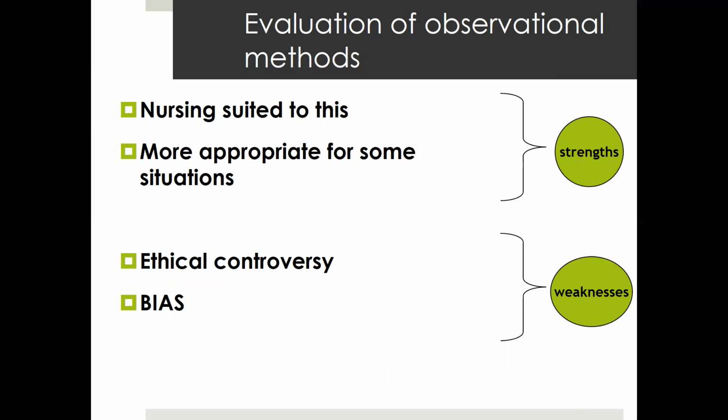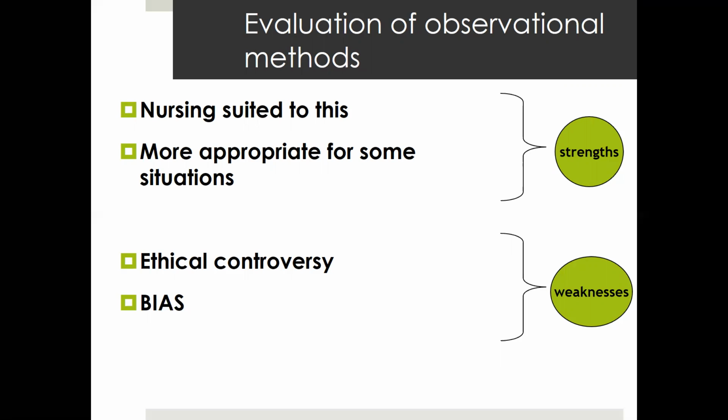Some of the strengths: in nursing, we are observers. That's what we do. We assess situations, we observe, and that is a strength of this method. In many situations, this is a very appropriate form of research, but there can be ethical controversies.